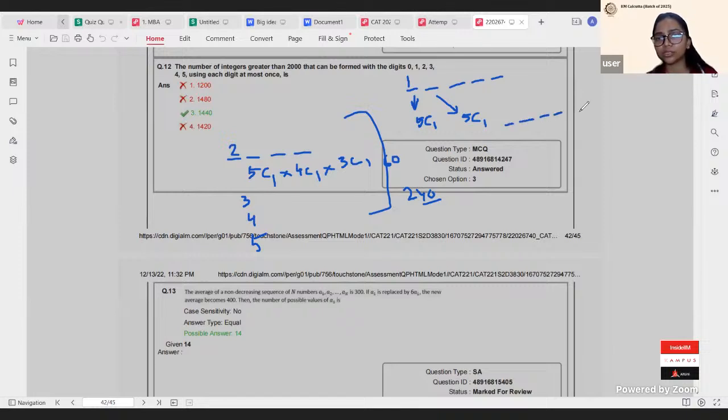So we can do for a 6-digit number also. It will not start with 0. It will basically start with 1 to 5. And we'll multiply whatever number we get by 5. So like here it can be 1, 2, 3, 4, 5. So whatever number we get from 5C1 into 5C1 into 4C1 into 3C1 into 2C1 like this, we'll multiply it by 5. And the same thing we are going to do here also.